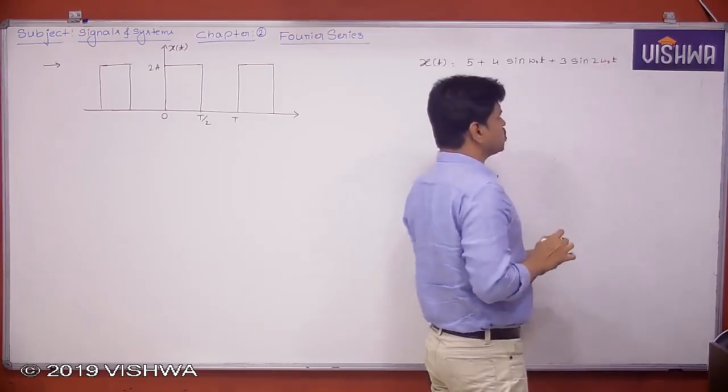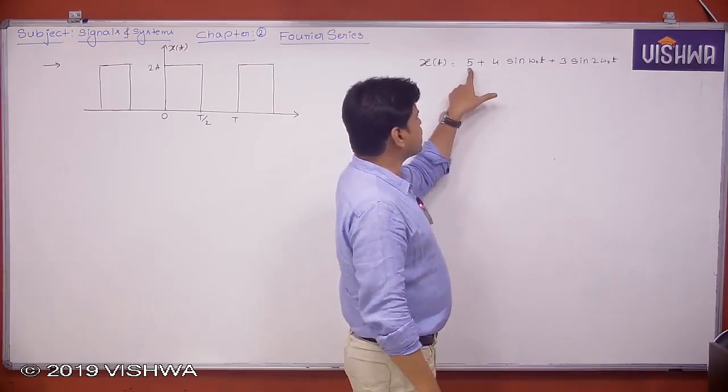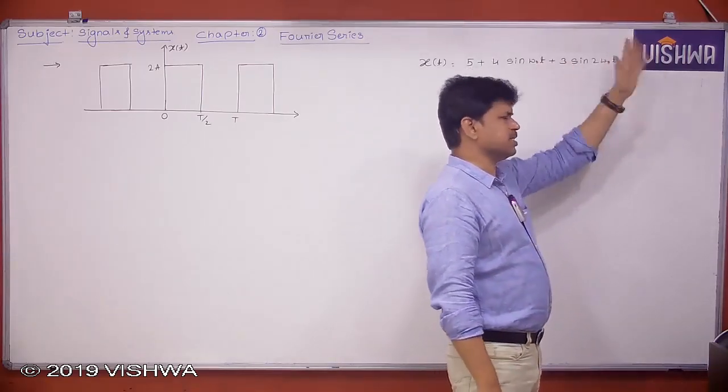If you observe carefully, what kind of terms does it have? It is having a DC term, first harmonic, second harmonic, and so on.